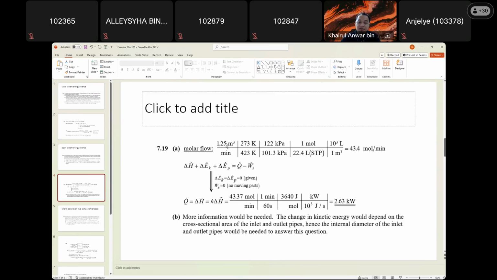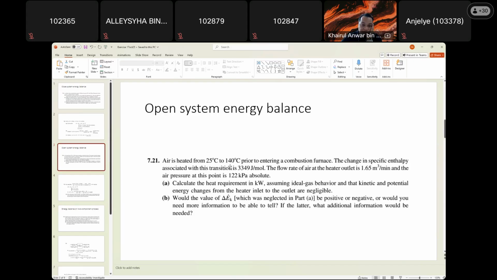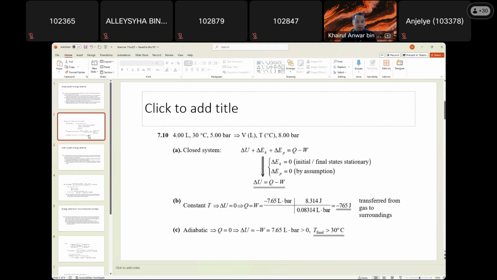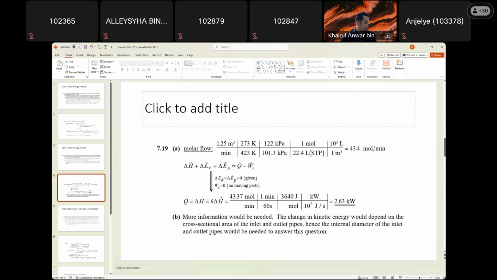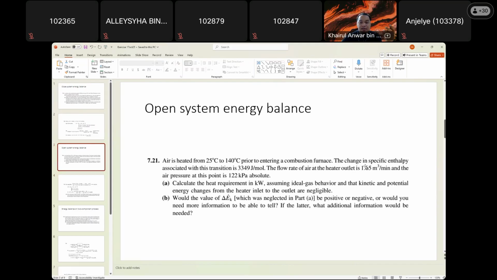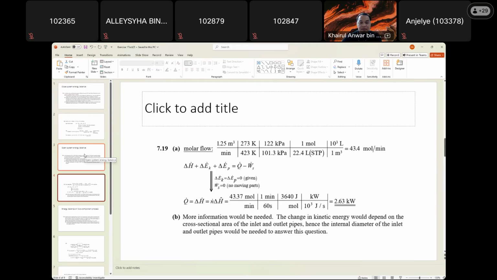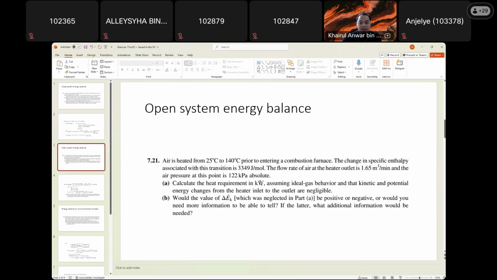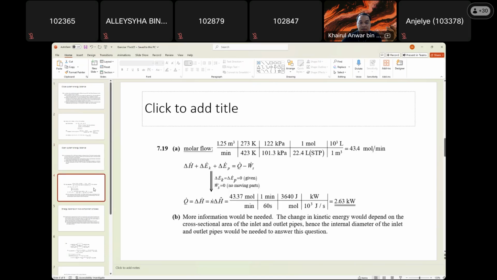So in this case, per minute, the temperature is what matters. The flow rate here should be at the outlet.